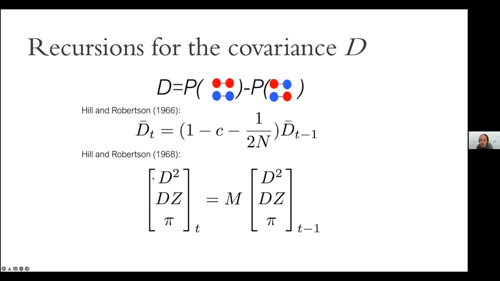Often in GWAS, people normalize this by the variance and look at r squared instead, but it's really the same information. Okay, so we now have a recursion that measures linkage disequilibrium in an arbitrary kind of demographic model for a single population.